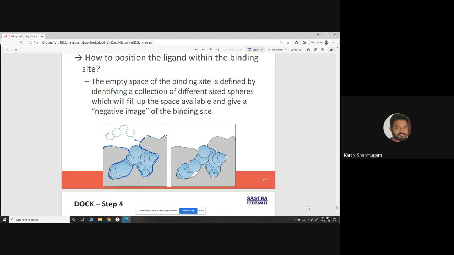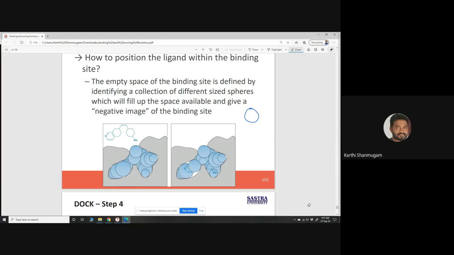How they did this in the UCSF DOCK algorithm is that they took spheres of different sizes. If you look carefully at the blue color spheres, not all the spheres are of the same size. Do you agree? Different spheres have different sizes.